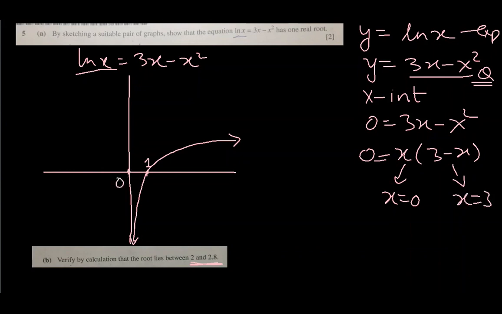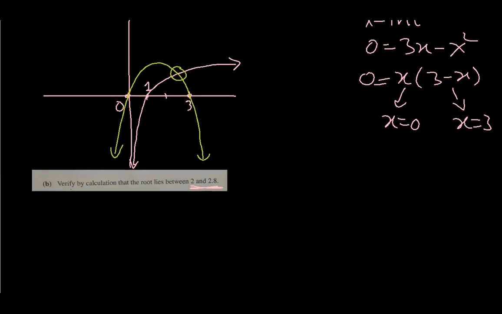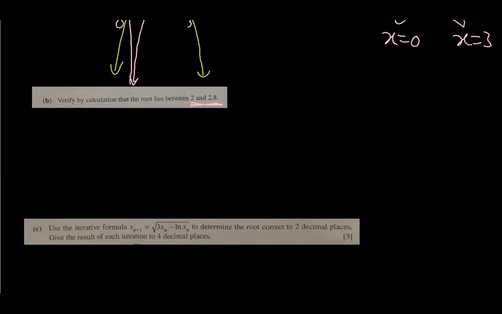So 0 and 3, these are the two x-intercepts. Since the leading coefficient of x squared is negative, our graph will open down, and we can clearly see they are crossing at one point, so only one root is there. That's what we've shown through the graph.